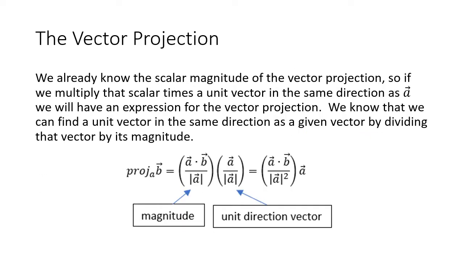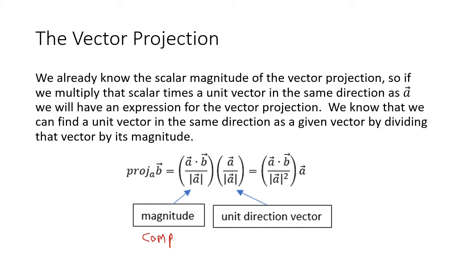Again, understanding how to do the right triangle trig is the most important part, and being able to derive it yourself. But we can play around with this a little bit as well. We know that the magnitude is equal to the component. So there's your component. And one of the tricks that we're going to be using quite frequently is if I know the component of something, and I want to describe that vector, and I know the direction, I need to use a unit direction vector. Now, we knew from our last lecture on vector basics that I can turn any vector into a unit vector, which preserves the direction but makes it of unit length, by dividing it by its magnitude.